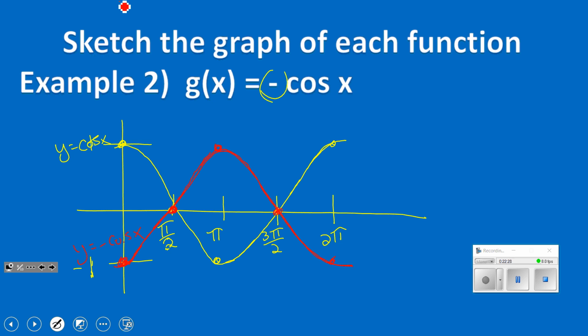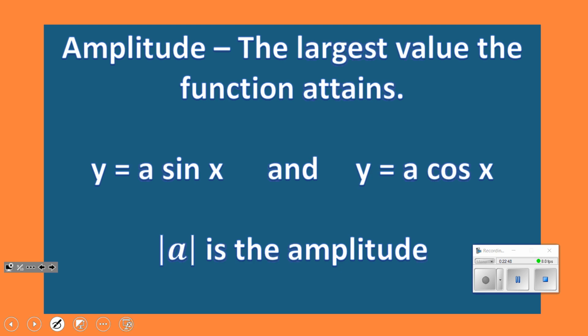If I'm adding something to it, it's going to shift it up. What if I subtract something from it? It's going to shift it down. It takes the same graph and just shifts it. If I put a negative in front of it, it's going to take it and flip it.